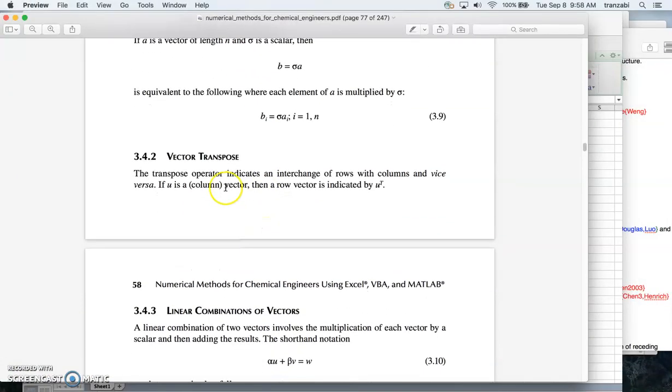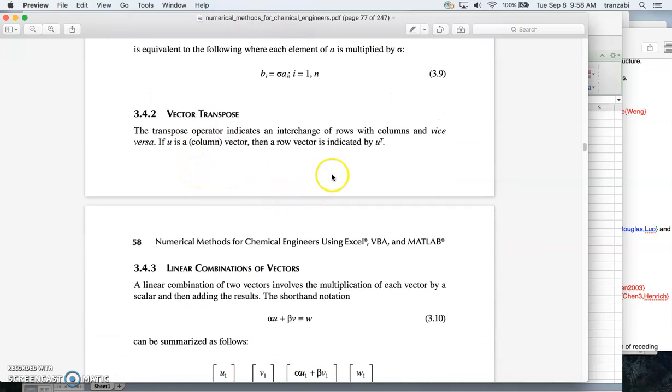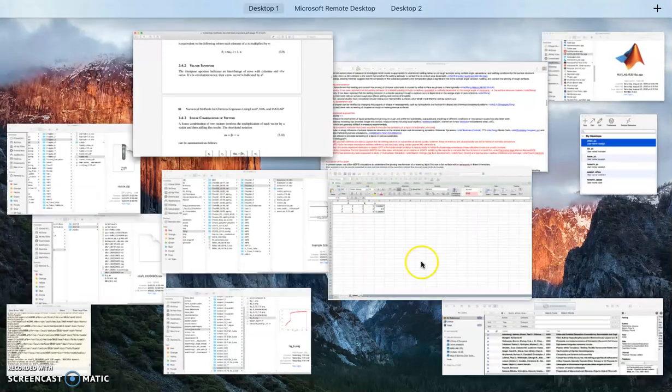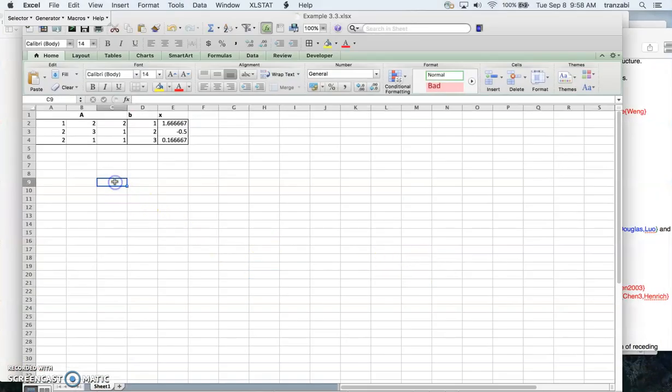All right. Now we can have vector transpose. The transpose of a vector, let's say if U is a vector, is written as U superscript T. What it means is, if I have a vector like 1, 2, 4, and 5, this is a column vector with 4 elements, you get the transpose of it.